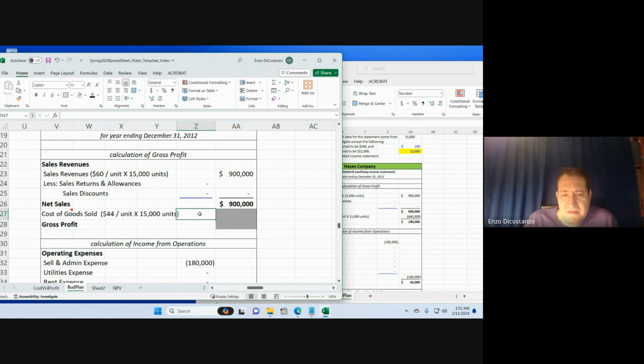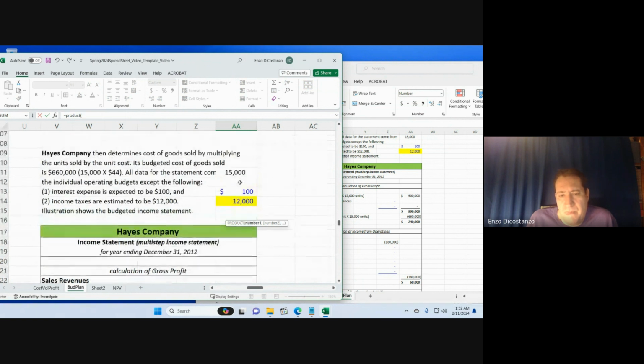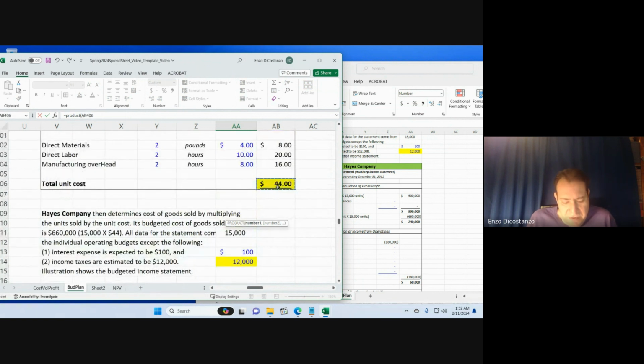I think with this one, what you did was we just took the units times that $44, right? The 44 is here, and the units are that 15,000.